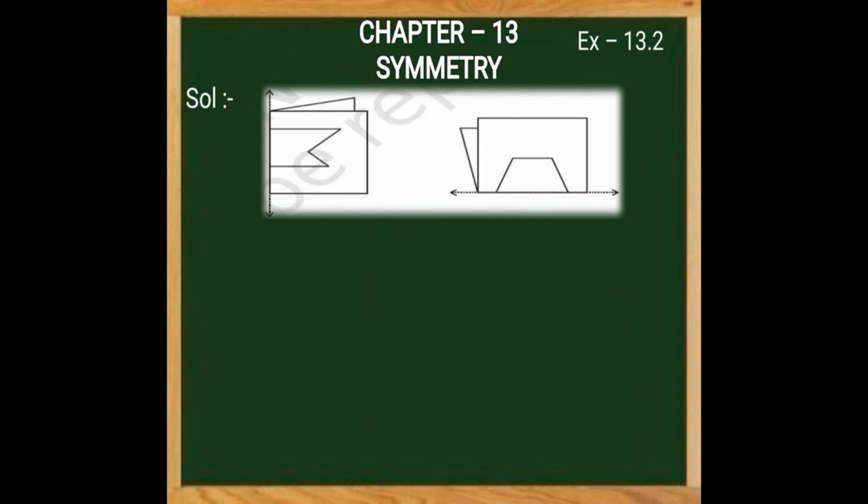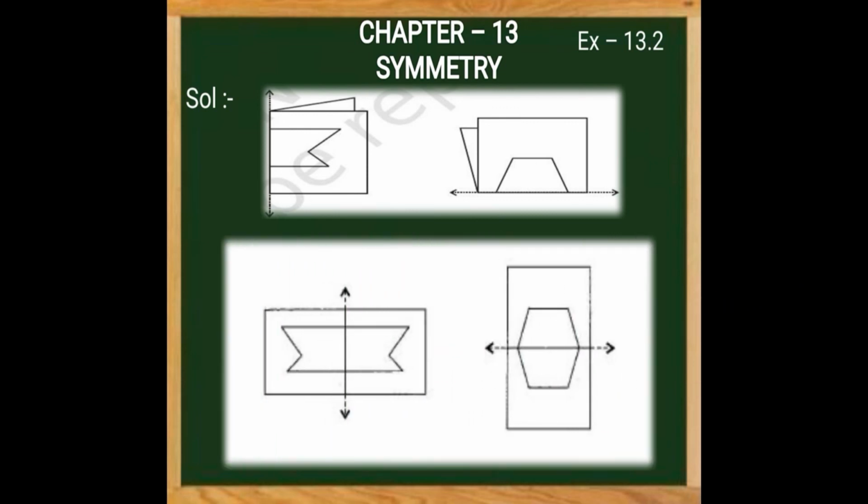Along the folded side, you are supposed to cut that shape, either in the form of an arm or in the form of a trapezium, and then when you open up you get a pattern like this as I got. Hope you have got the same pattern which I have got.